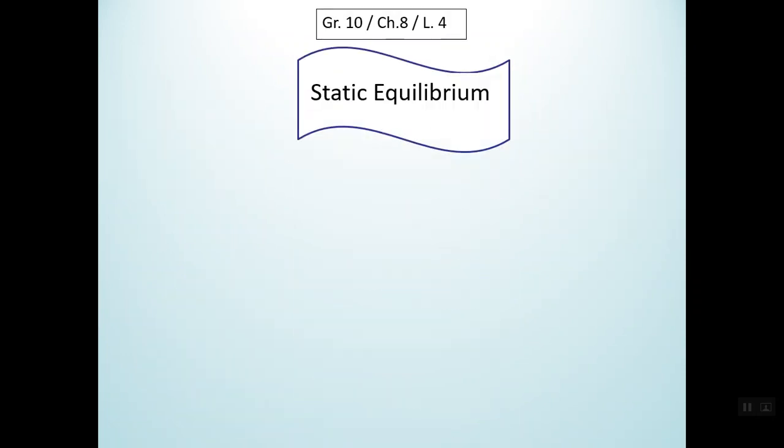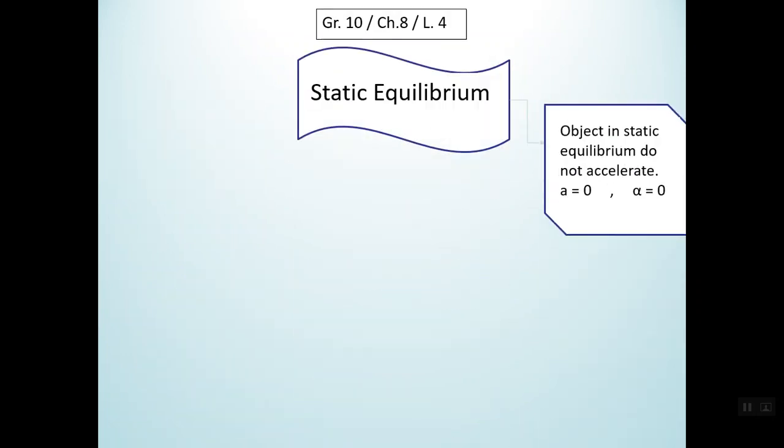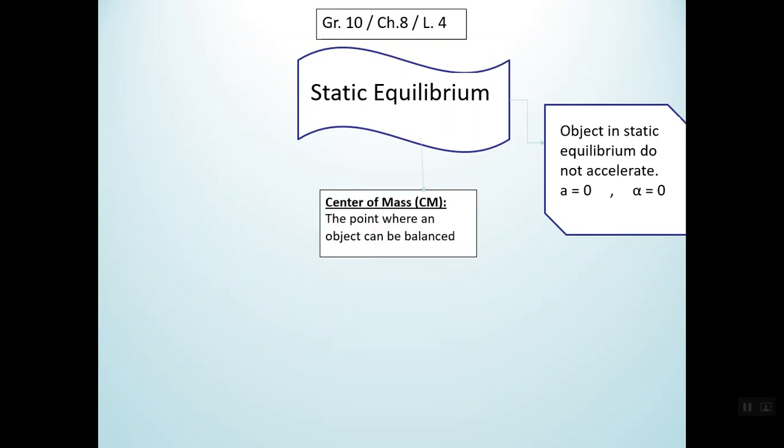Also, we studied static equilibrium, and an object in static equilibrium does not accelerate. This means the linear acceleration is equal to 0 and the angular acceleration is equal to 0, or we can write it as the total force is equal to 0 and the total torque acting on the object is equal to 0.